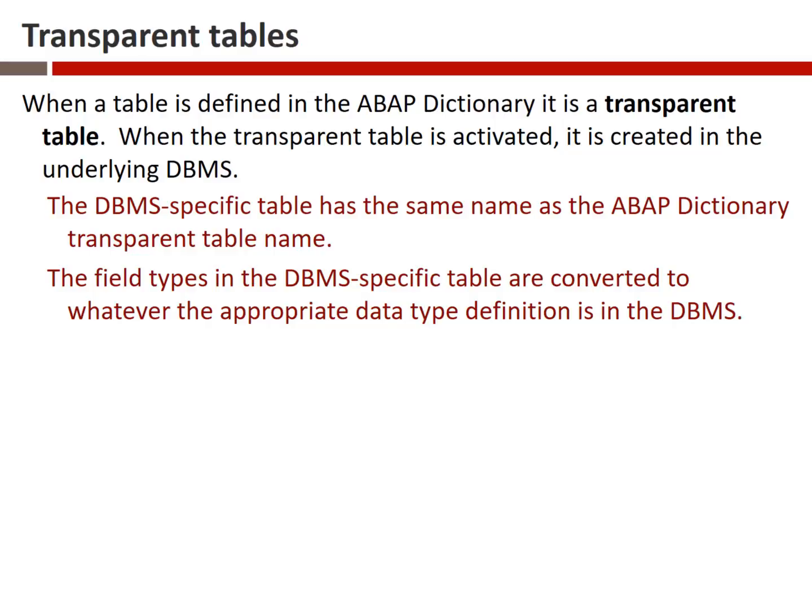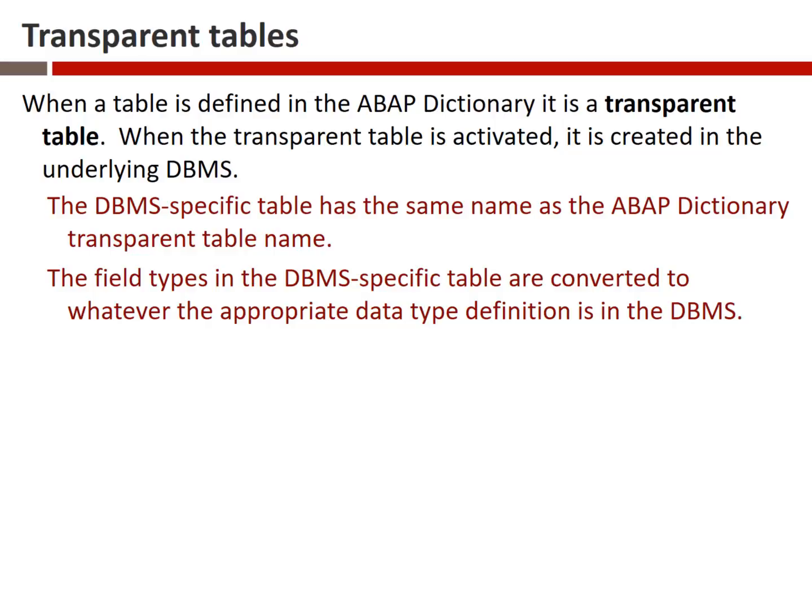Let's say, for example, we create a data type called s_cust_num. And it just describes a standard customer number. And we've defined that data type. Well, does that mean if we were to look on our Oracle database server that we would see that as the data type of that field? The answer is no. That's not a data type that Oracle will understand.